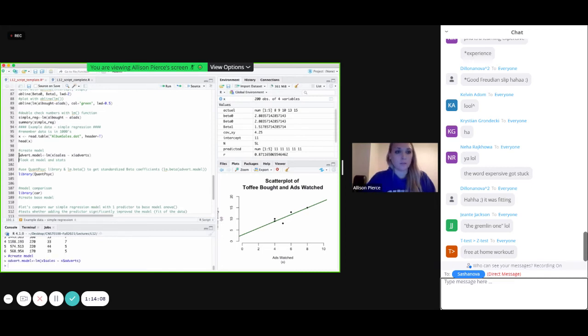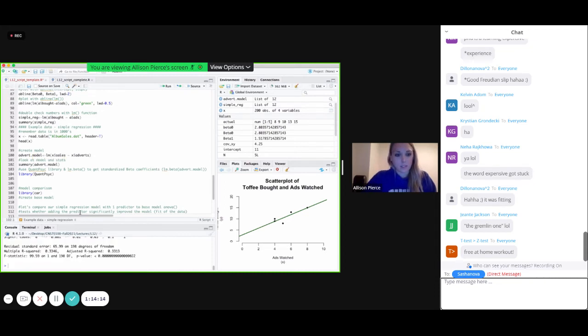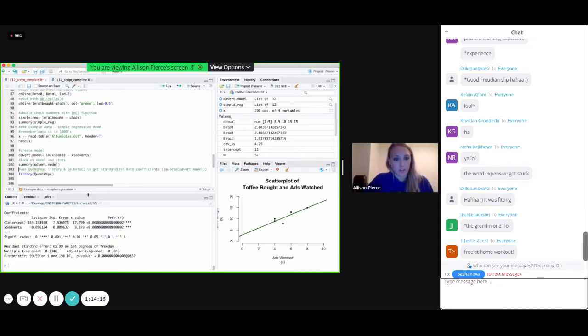So we create our model, and then you look at the summary of your model, just like we've done in the past. We can see our intercept and our slope, and t-values associated with these. We'll talk about what these mean in just a second. You also notice you have your F statistic, degrees of freedom, p-value, and R squared.